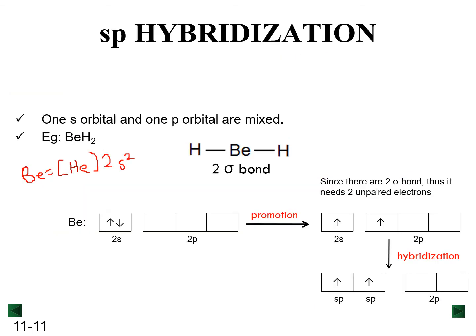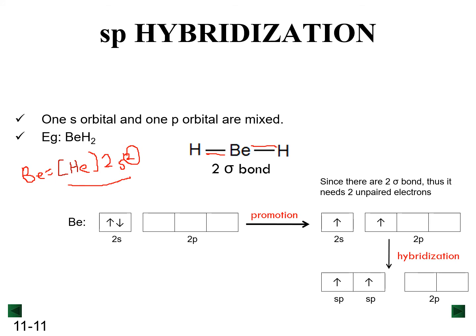Okay, here is an example of sp hybridization in the BeH2 molecule. This is the electronic configuration of Be, and as we can see, the Be will contribute 2 electrons to form 2 covalent bonds with hydrogen.